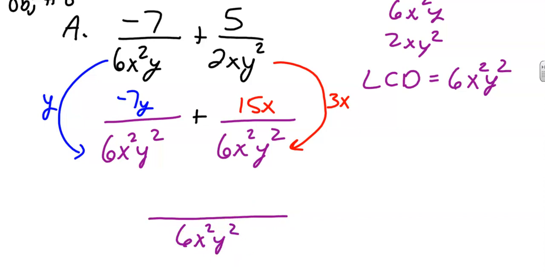Okay, so the numerator, just bring it all together. We have negative 7y plus 15x. There's not a number with negative 7, 15. Can't pull a number out because there's no common number. One has an x, one has a y, so there's not a common variable.